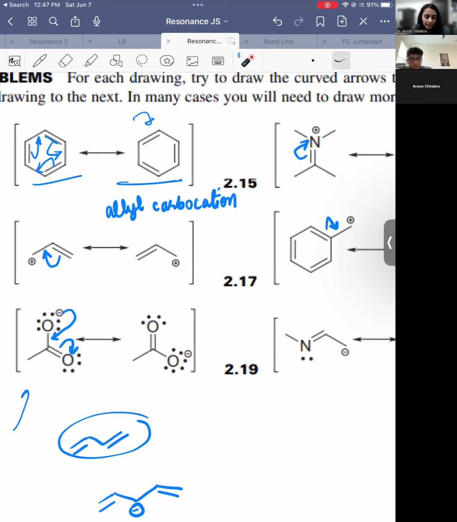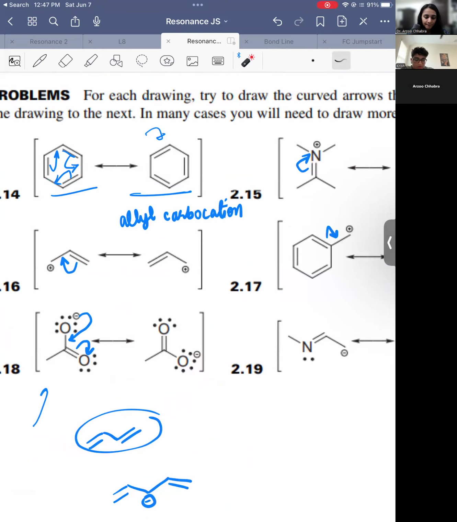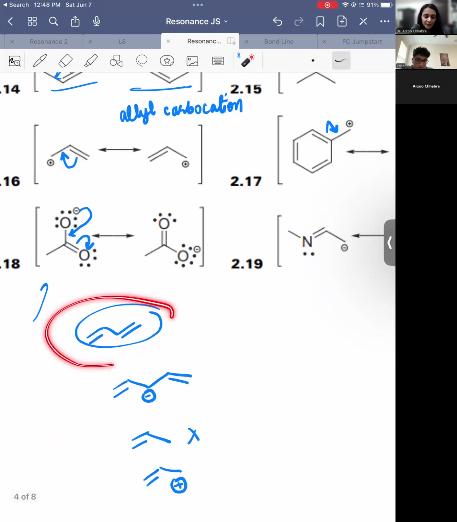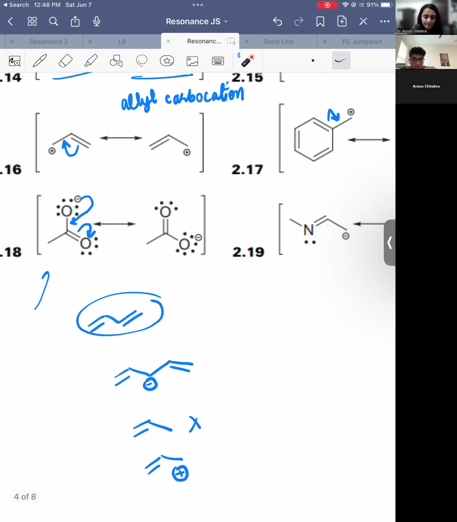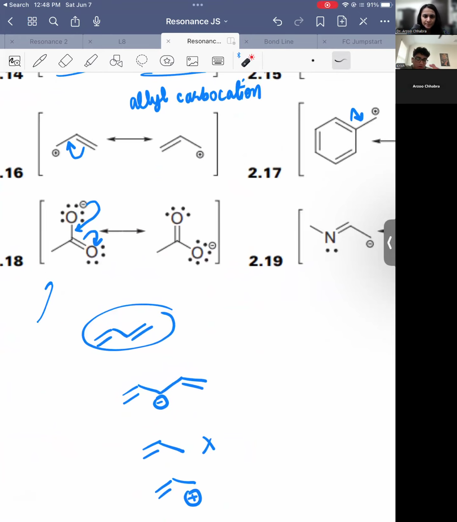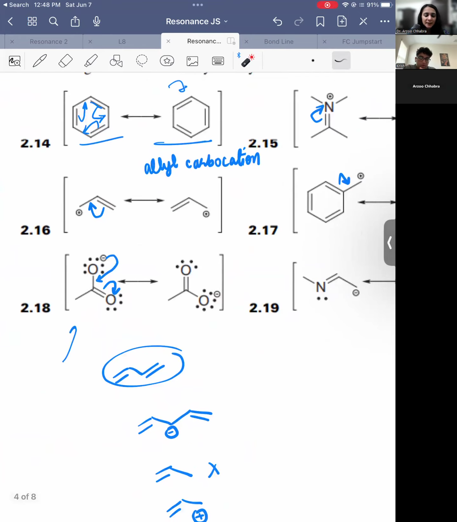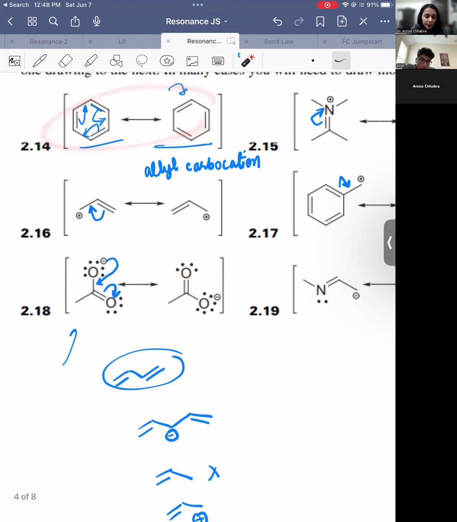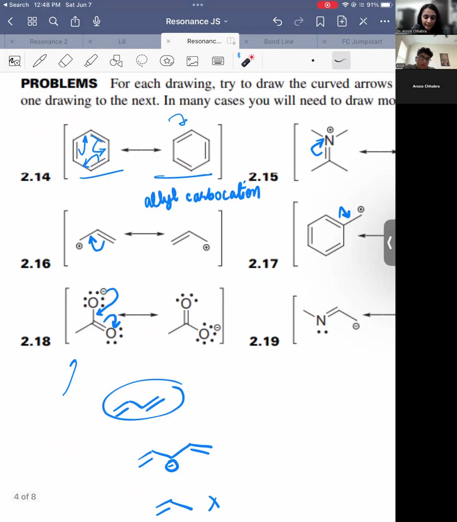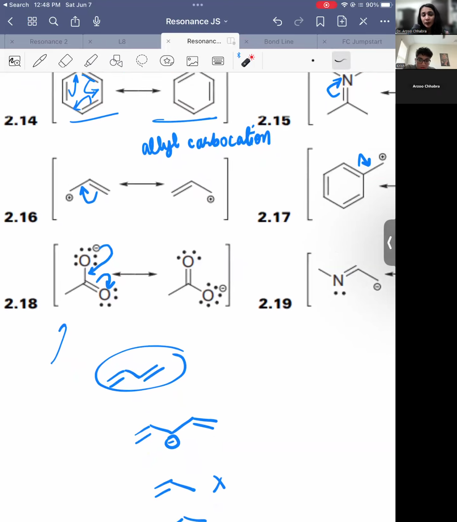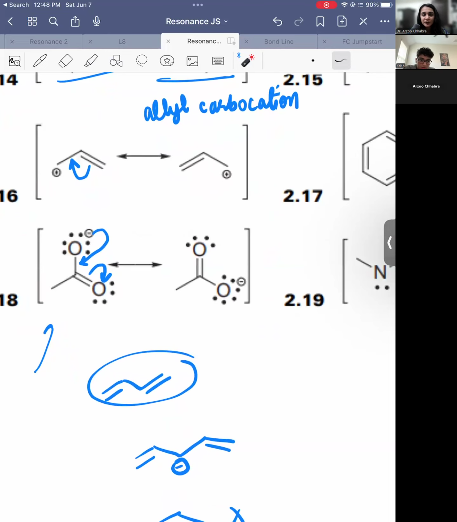For the first two, you're just swapping the order of where the double bond is, like what we just saw in the benzene in 2.18. And you can also write them as charges too, right?